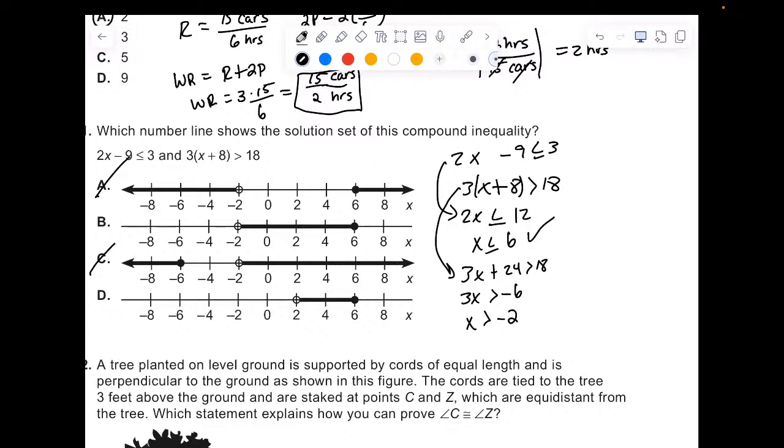We do include 6. We do not include negative 2. And then, yeah, that one's positive 2, so that's just wrong.